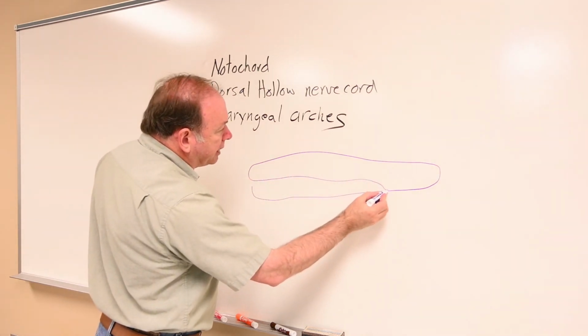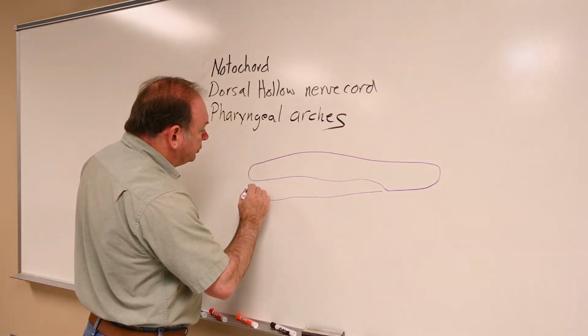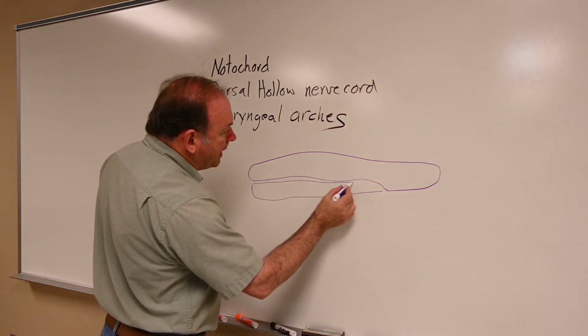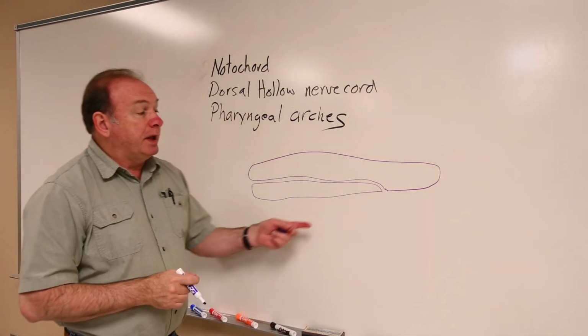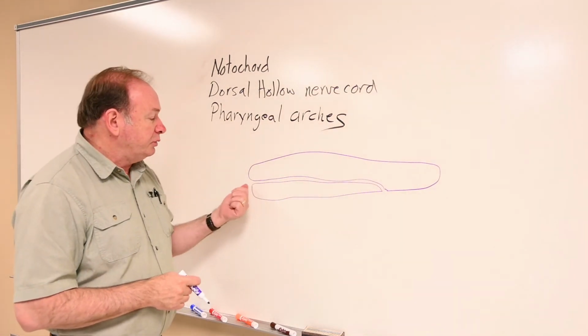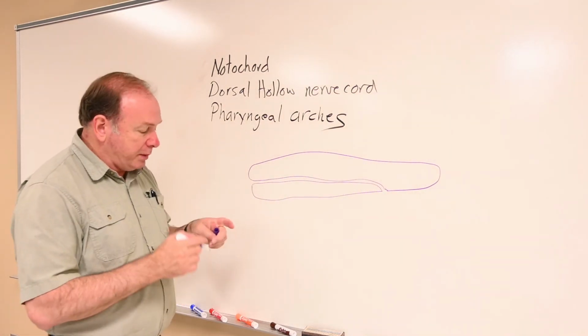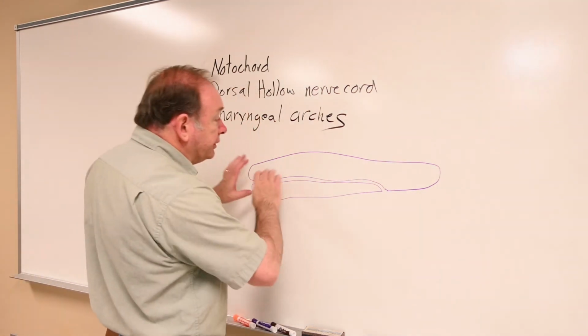Here's the gut tube that we talked about earlier when we talked about the deuterostome condition. Remember that the gut begins here, and as it goes through the embryo, it comes out to the other side where the mouth will be in a deuterostome. So there's the overall body.